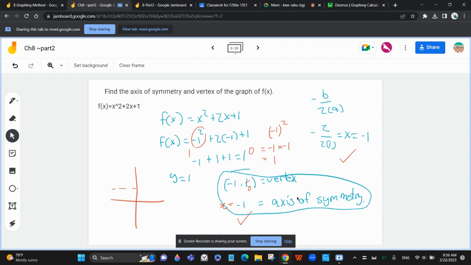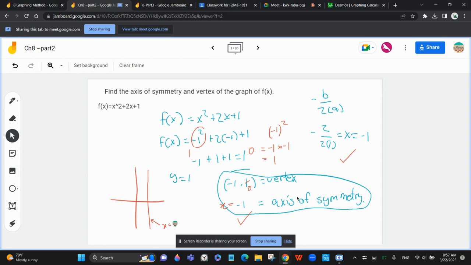But I guess if the textbook teaches this, it's okay, but I would prefer to write the axis of symmetry as x equals to negative 1. So this one is x equals to positive 1.